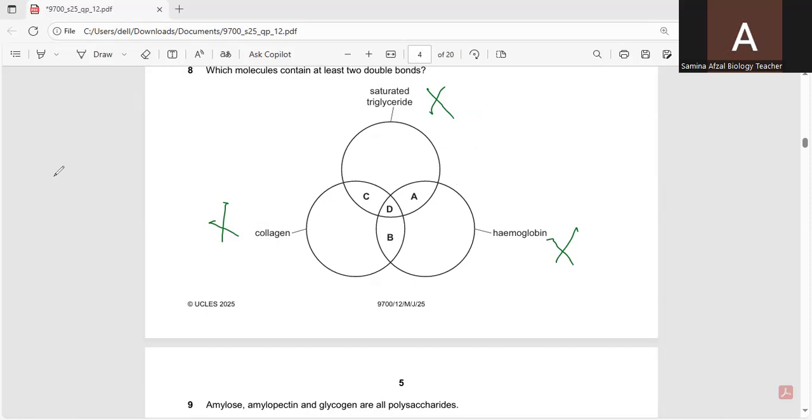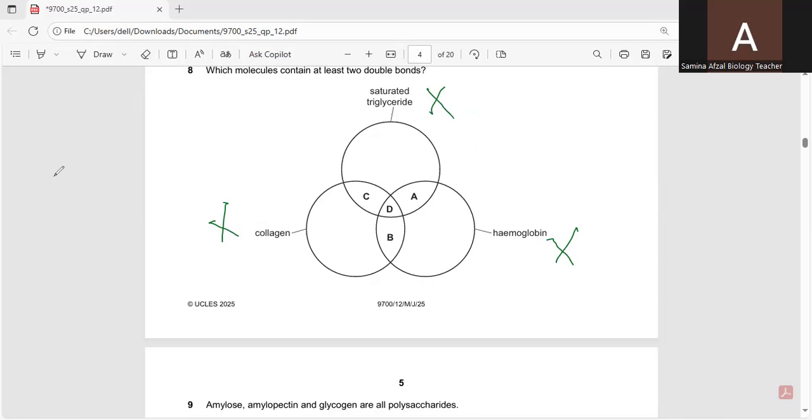So saturated fatty acids, no double bond. There is no double bond in hemoglobin as well. Collagen is a fibrous protein. Again, it is a primary structure, it has a long chain, so there will be no double bond inside.